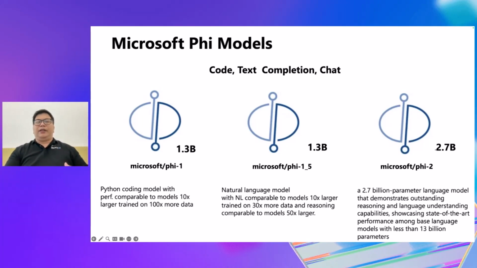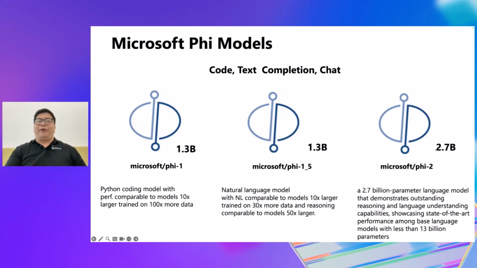Phi-1 is a very easy version, because Microsoft wants to use small data to show you that if you have very good data, you can generate results better than bigger models. With Phi-1, we focus on coding, using Python and data to train it. You can see it outperforms larger models trained on much more data. It has very good performance.